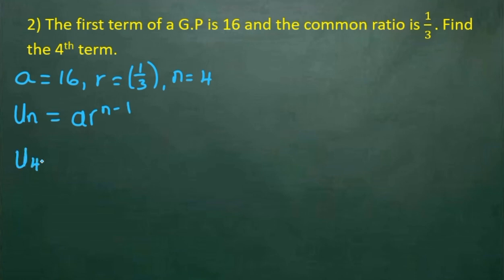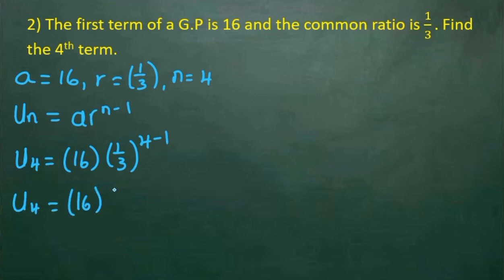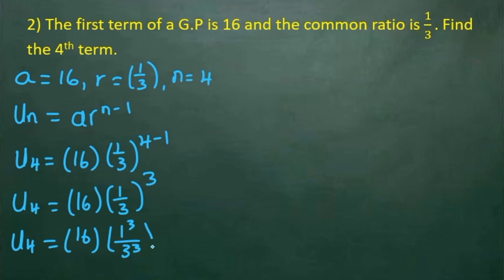The first term in this case is 16 and the common ratio is 1 over 3. n minus 1 will be 4 minus 1, so the fourth term will be 16 times 1 over 3, with 4 minus 1 being 3 as the exponent, so U4 equals 16 times 1 to the exponent of 3 divided by 3 to the exponent of 3.